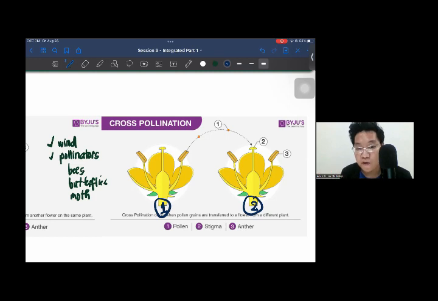Ito yung crossbreeding sa aspeto naman ng halaman. Kasi 'di ba, we have crossbreeding in animal science and even in humans. We are doing crosses. So same true in plants, meron ding ganon. And cross-pollination is one of the processes that happens sa plants.